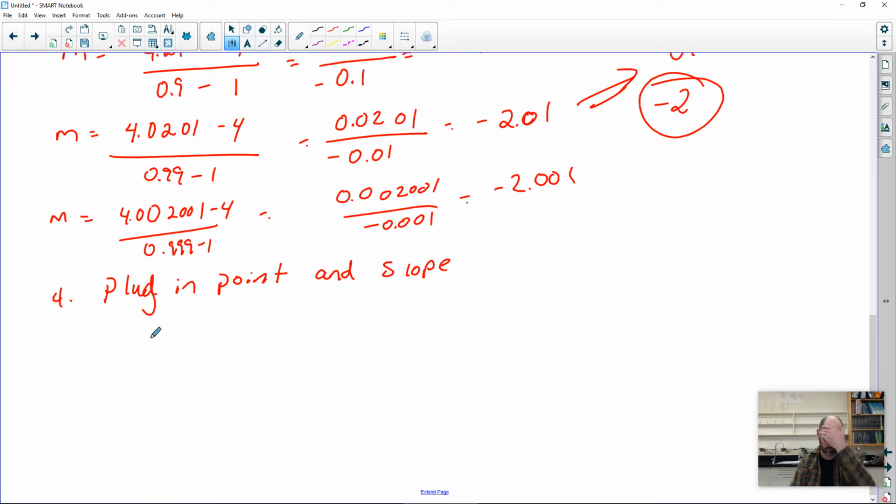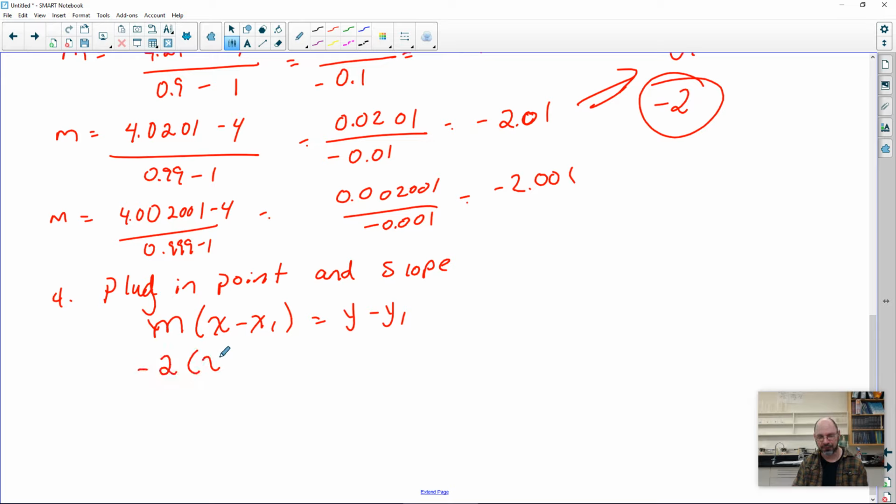Okay, so if we write the equation, it's m times (x minus x1) equals y minus y1. So for x1 and y1, we'll put the point (1, 4), and we'll put the slope, -2, here.